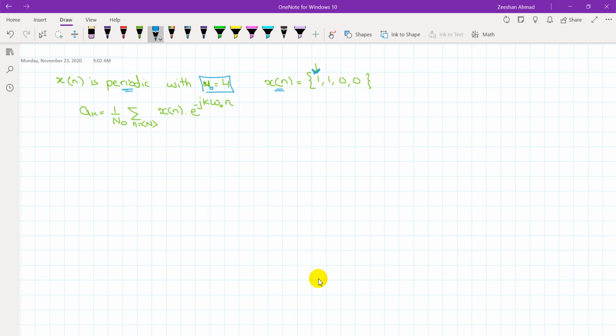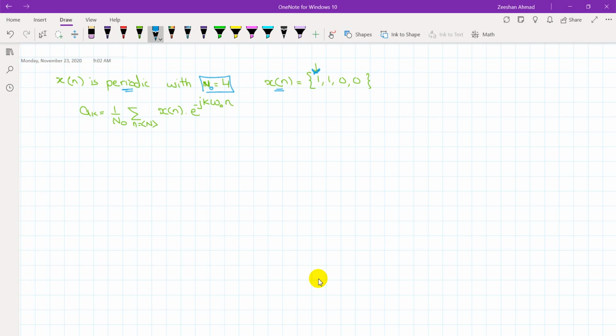First of all, if you refer to the previous formulas, the Fourier series coefficient is directly equal to 1 divided by N, the summation over successive values of n of x of n into e power minus j k omega naught n.